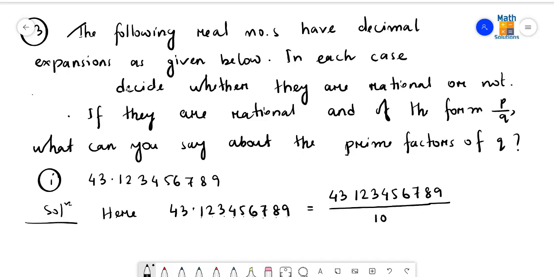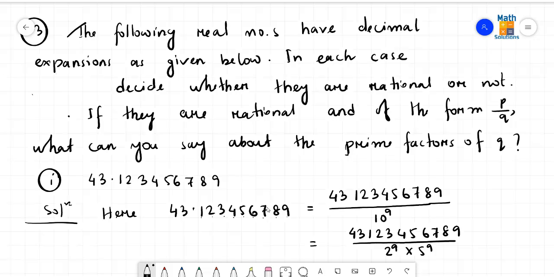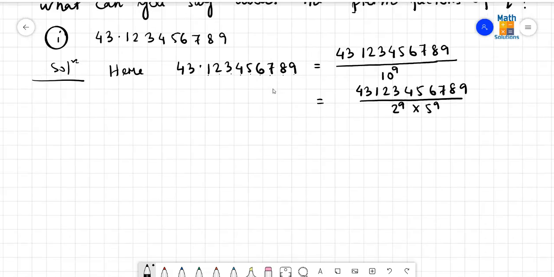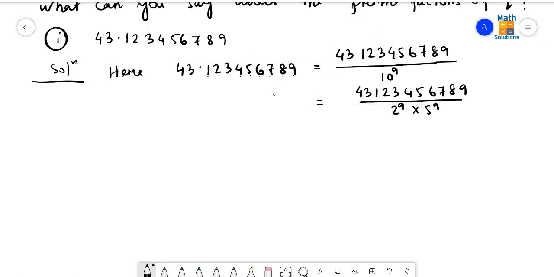So it will be 10 to the power 9. So 10 to the power 9 means what? Here we can write further 43, then 1, 2, 3, 4, 5, 6, 7, 8, 9, then 2 to the power 9 into 5 to the power 9. So what conclusion can we draw here? So the writing format will be like this. We can write like this.